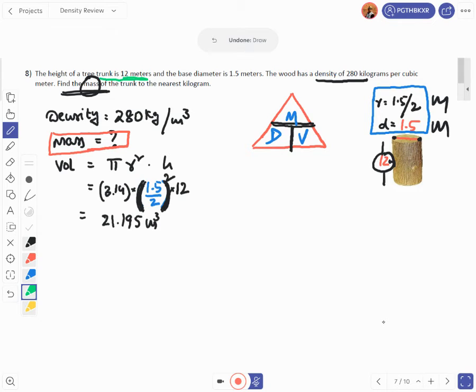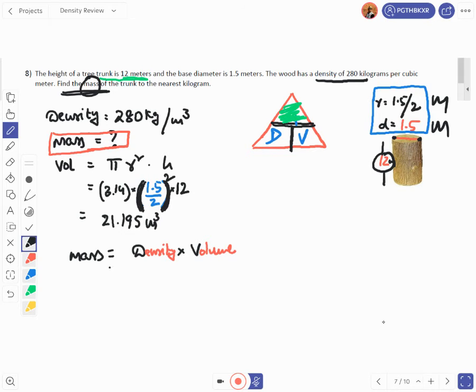Therefore, let me hide mass. Now D and V are not forming a fraction. They are side by side, which means these two are to be multiplied. Therefore, mass equals D times V, or density multiplied by volume.